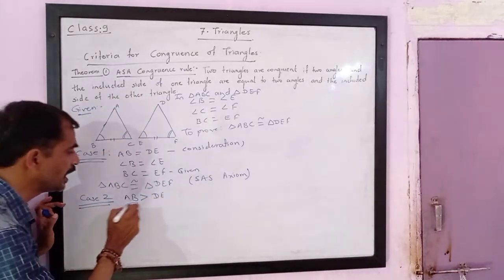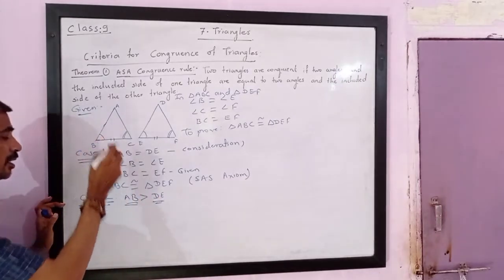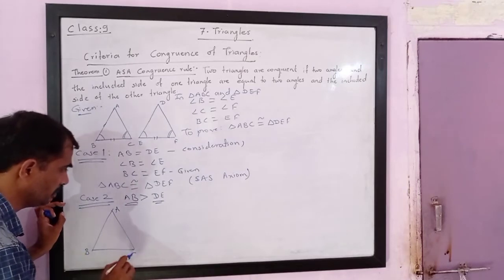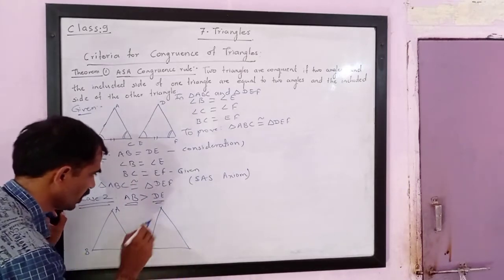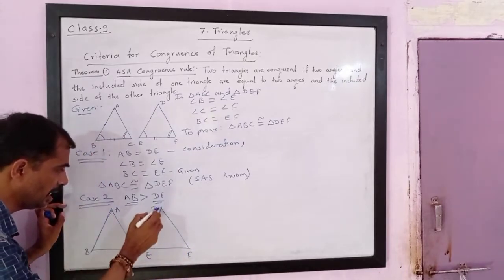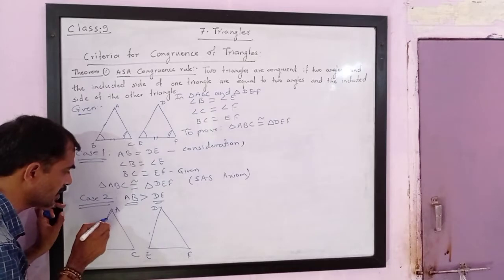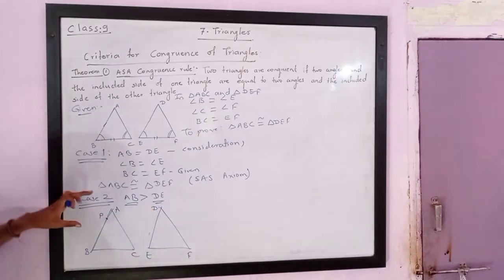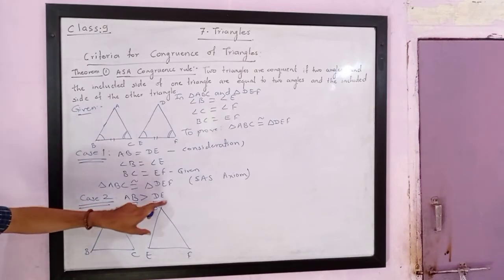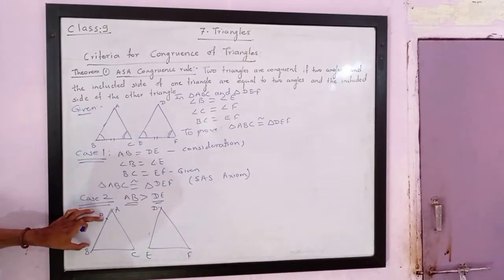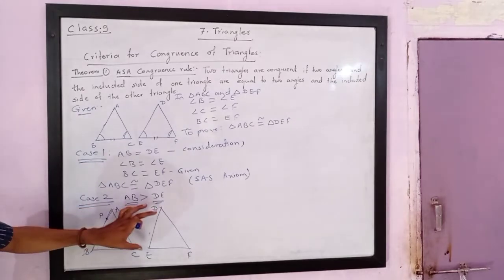Now, if AB is greater than DE, it means, please note, in triangles ABC and DEF, AB is greater than DE. Then there exists some point P such that BP is equal to DE. We have considered AB is greater than DE, so there exists some part of the segment which is equal to DE.